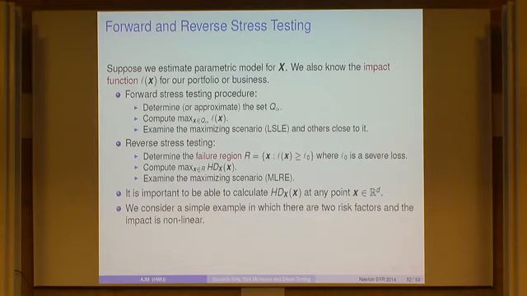And so I'll give a simple example. I would call it stylized because it's really just to understand the thought procedure that I'm proposing here. So it's simple. There are two risk factors, but the impact is non-linear. It's important here that we introduce non-linearity. At the very beginning, I introduced a linear portfolio simply to get a nice form for the scenario sets.